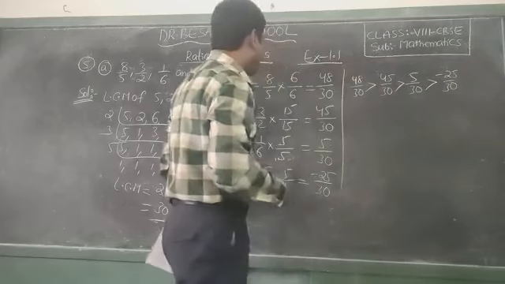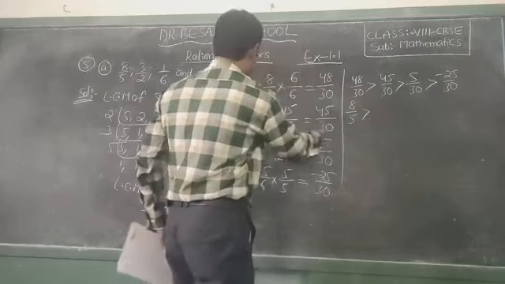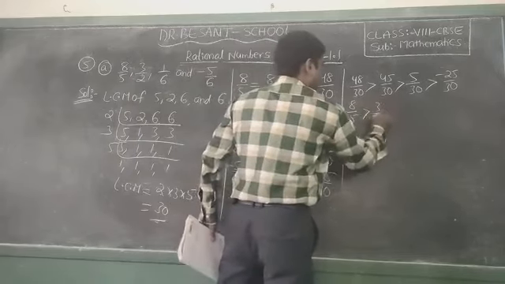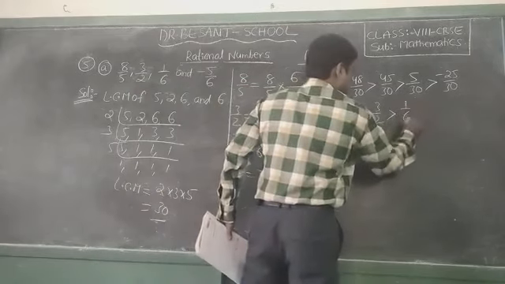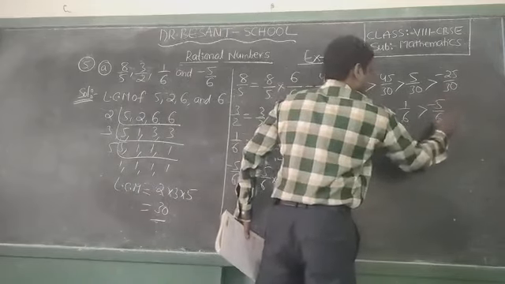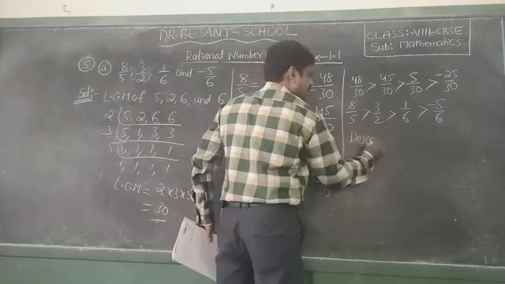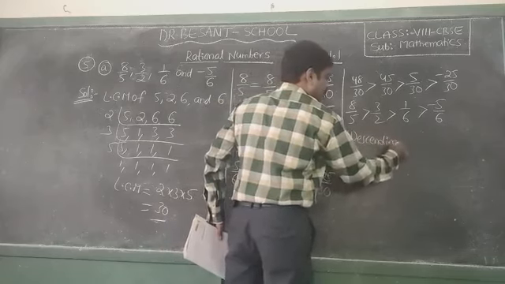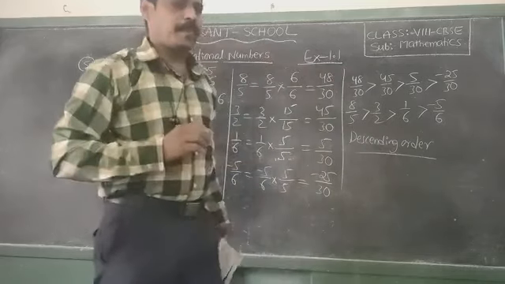So 48 by 30 means 8 by 5 is greater than 45 by 30, which is 3 by 2, greater than 5 by 30, that means 1 by 6, greater than minus 5 by 6. So this is the required descending order. Okay, children, note down this one.